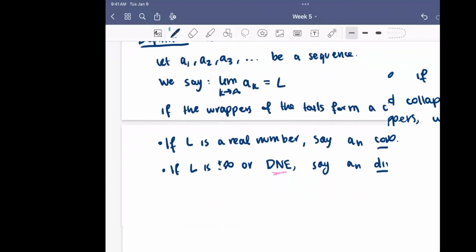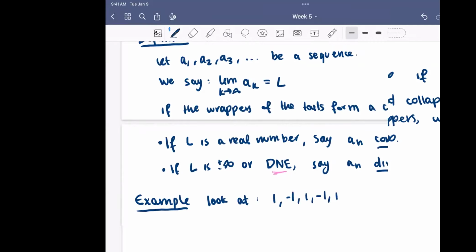So here's the classic example. Let's look at this sequence that's just going back and forth between 1 and -1. Let me pause here and point out, how can you write a formula for this?